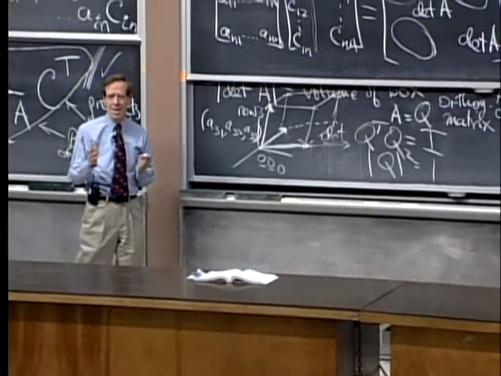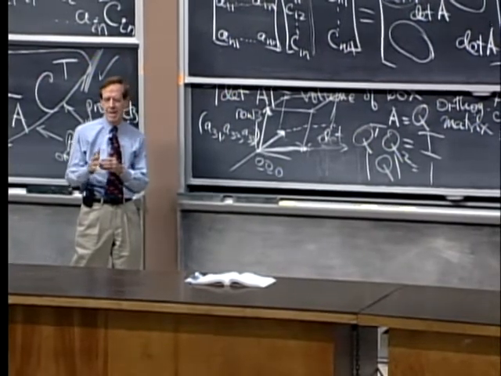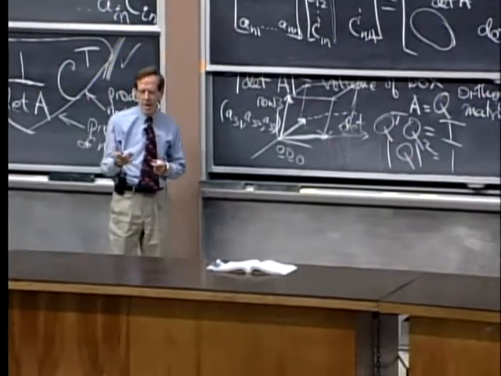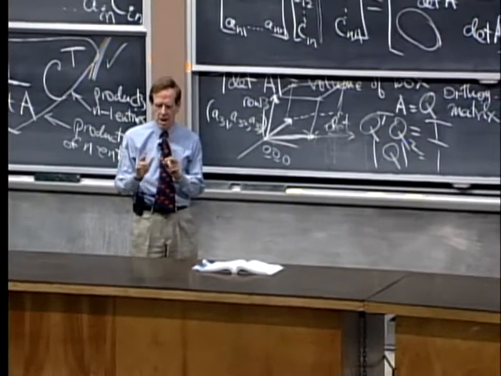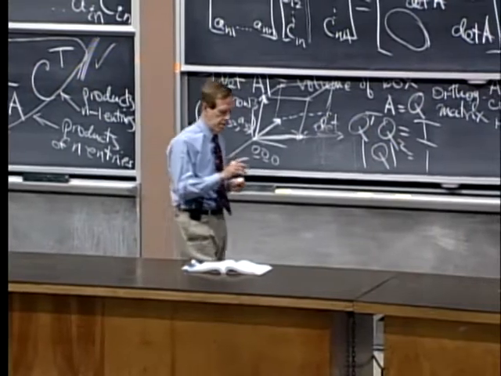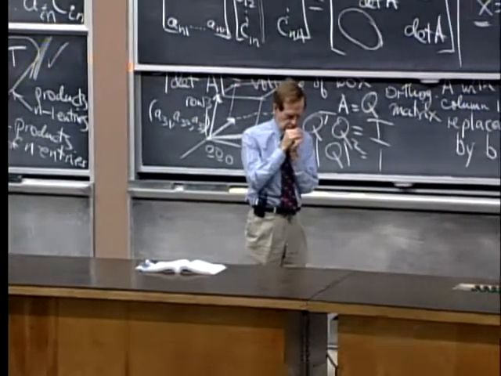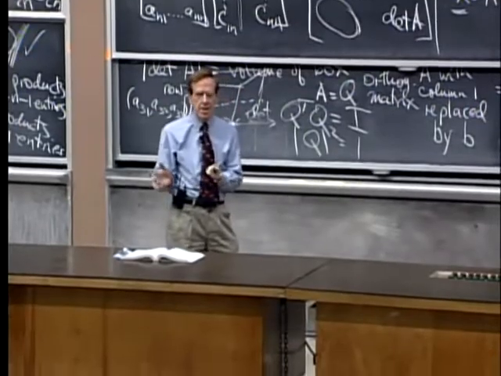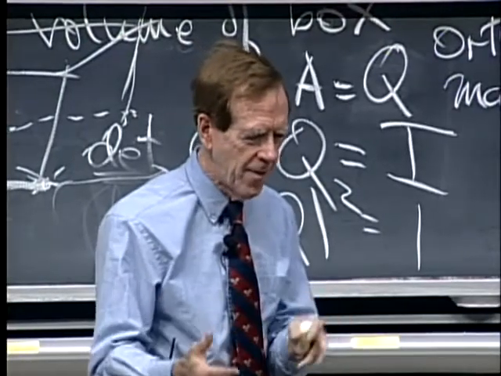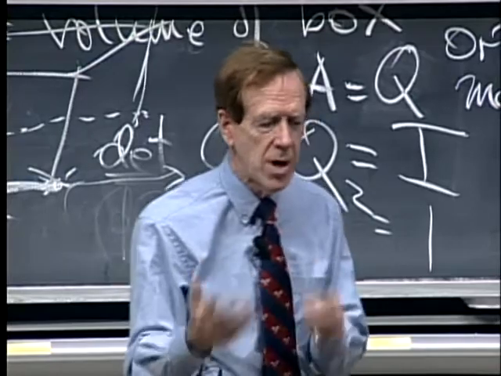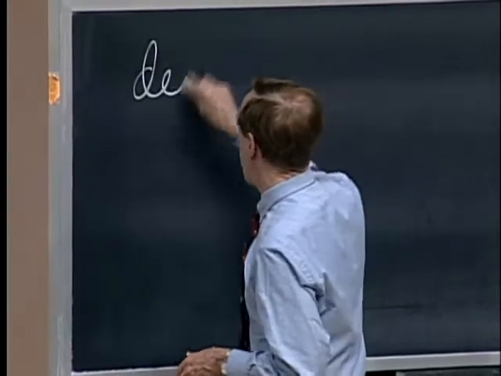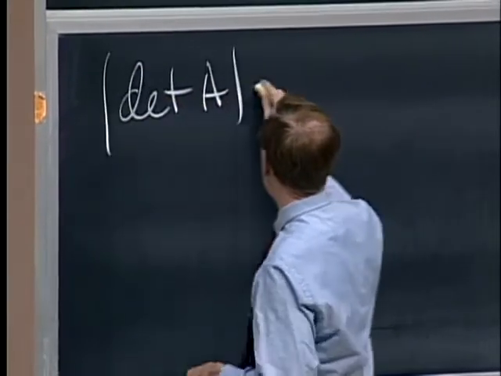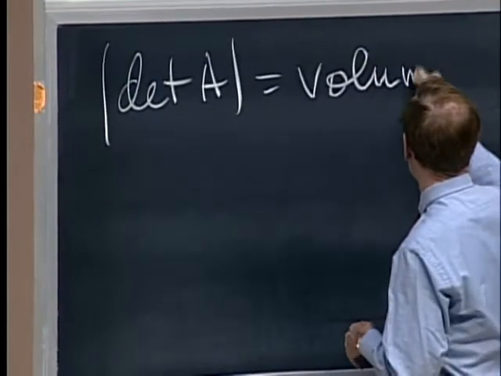And now I really am close to the very end of this proof, but I have to get away from right angles. I have to allow the possibility of other angles. Or, what's saying the same thing, I have to check that the volume also satisfies 3b. So this is the end of the proof: determinant of A equals volume of box.